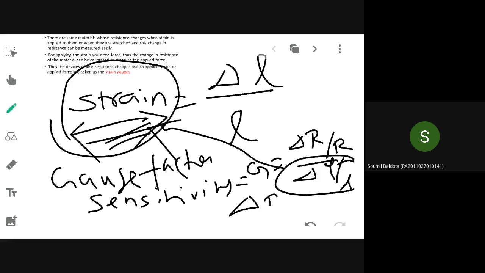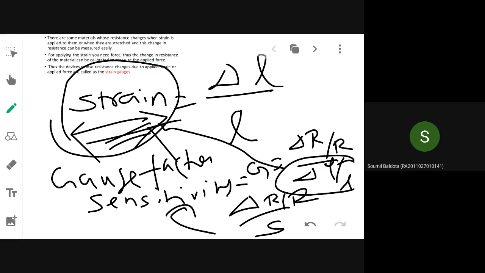So del R by R divided by strain is called the gauge factor or sensitivity. So the general meaning of strain gauge, you understood or not?